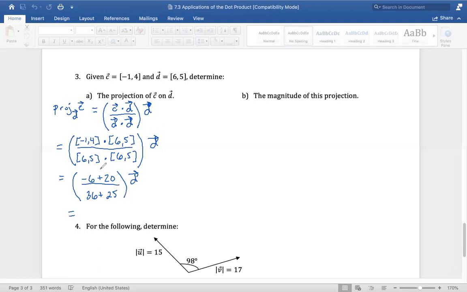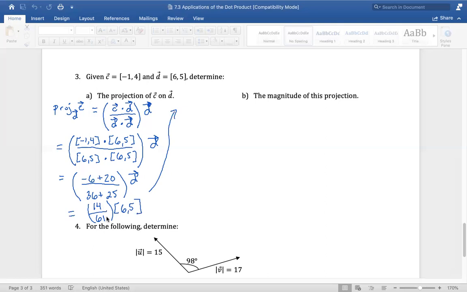So I have -6 plus 20 is 14. Sorry, I'm squishing it in here. Over 36 plus 25, 61. So I can just keep that in brackets. And now, okay, my D vector is 6, 5. So I'm just going to kind of move this up here, okay? So again, now you can just do distributive property.